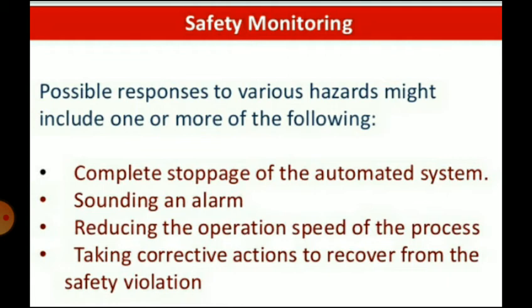So, possible responses from an automated system to various hazards are: first is completely stopping the automated system, second, sounding an alarm, third, reducing the operating speed of the process, and fourth, taking corrective actions to recover from safety violation. So the above can be achieved with the help of sensors.